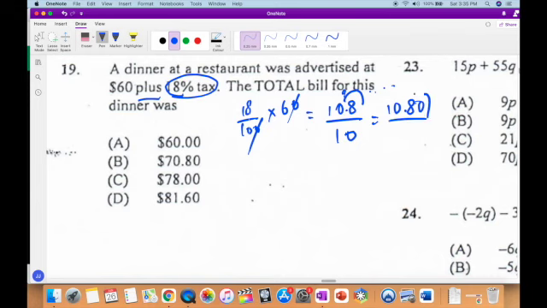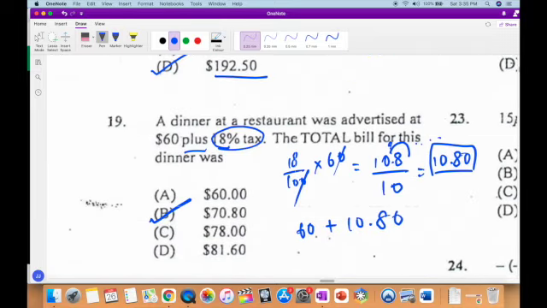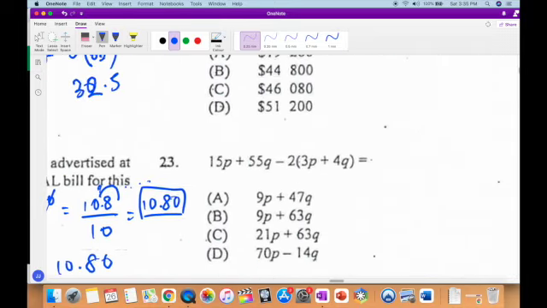This is the amount of tax, plus the $60. So 60 plus 10.80 gives us $70.80, right?